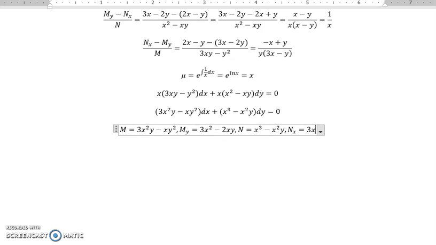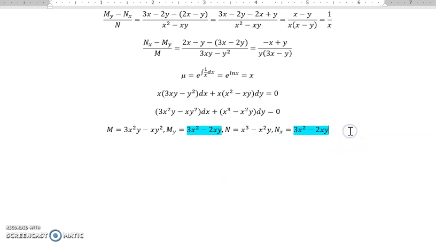And that's going to get us 3x squared minus, with respect to x, 2xy. And so now we can see that our two terms are now exact. They are now the same.